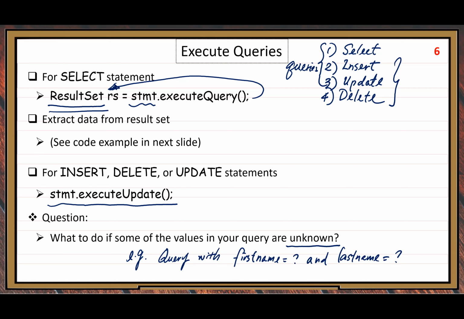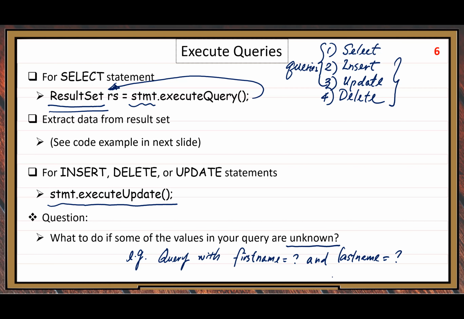Only when a user runs that query, the user provides first name, last name. But when we write the program, we don't know the user's first name, last name. Nobody knows. But when a user uses our web application, the user fills in first name and last name, then does the query. But these values are unknown.